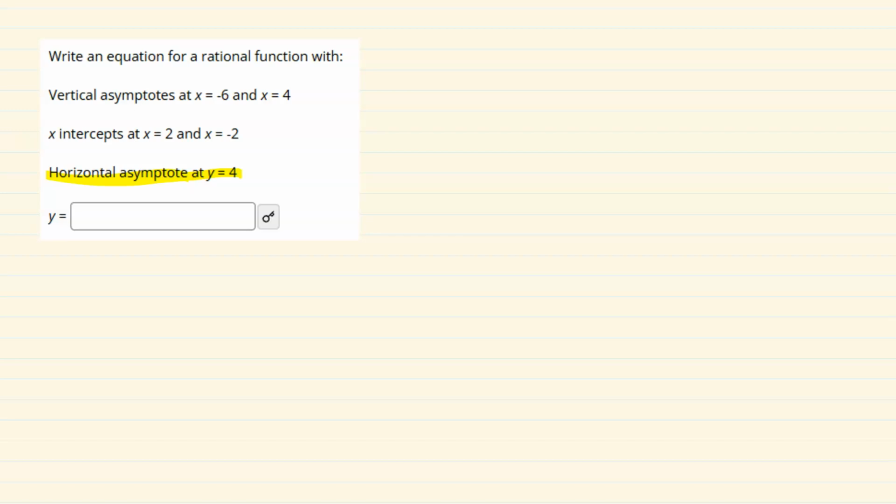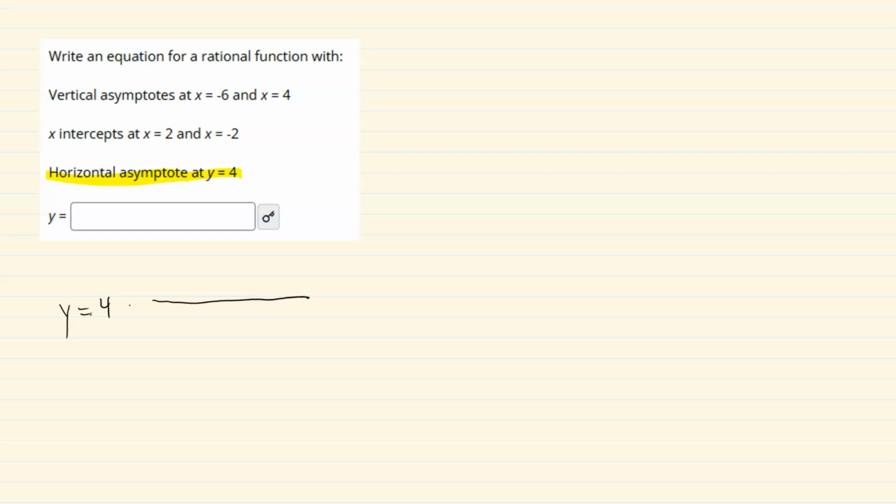So we have y equals, and the horizontal asymptote, first off, that is the part that's probably the easiest to recognize. Because the horizontal asymptote is at y equals 4 and it's a constant value other than 0, that tells you that that is going to be the leading coefficient in front of the fraction. So we would have a 4 out in front. And then we would multiply by a fraction.